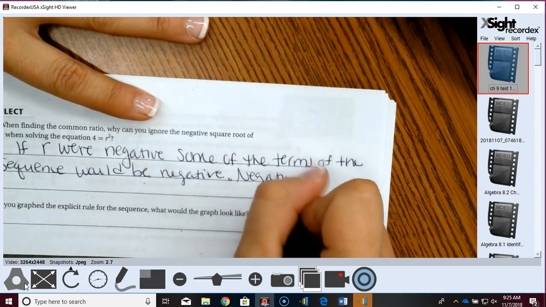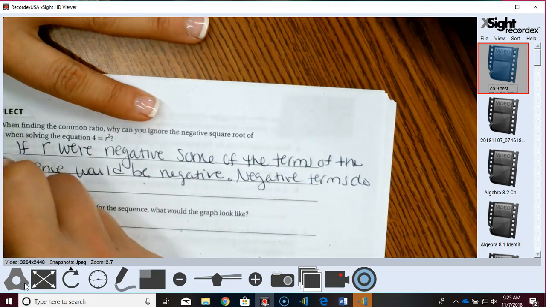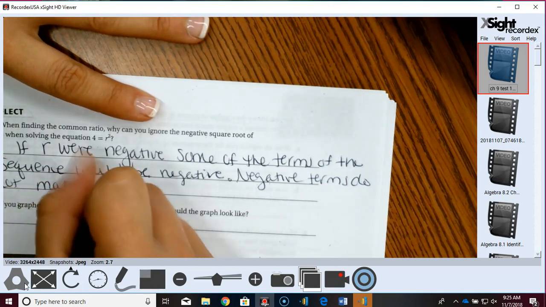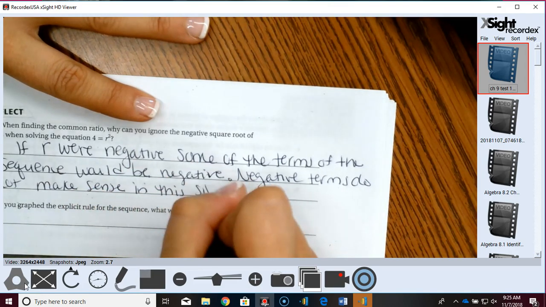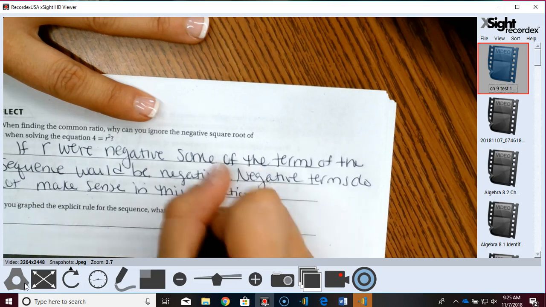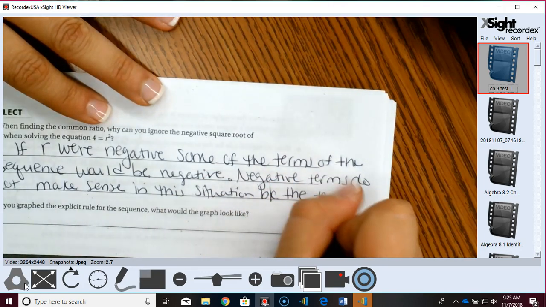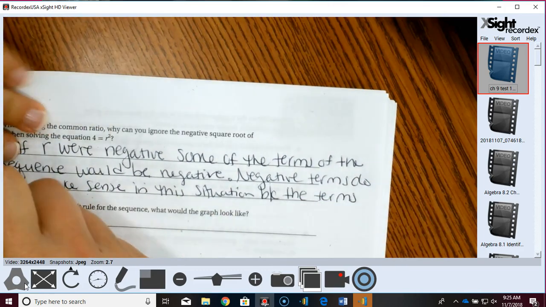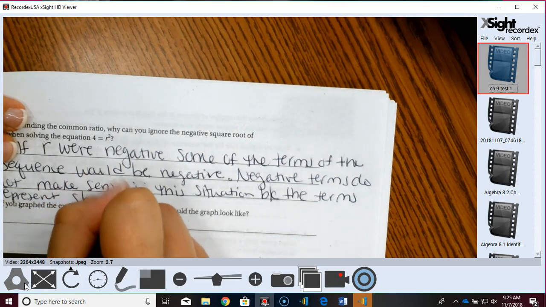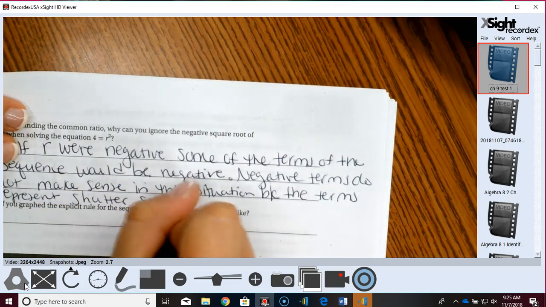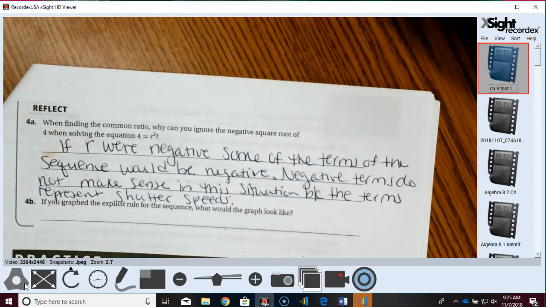Negative terms do not make sense in this situation because the terms represent shutter speeds. Right? You're not going to have a negative speed. It's not possible to have a negative speed.